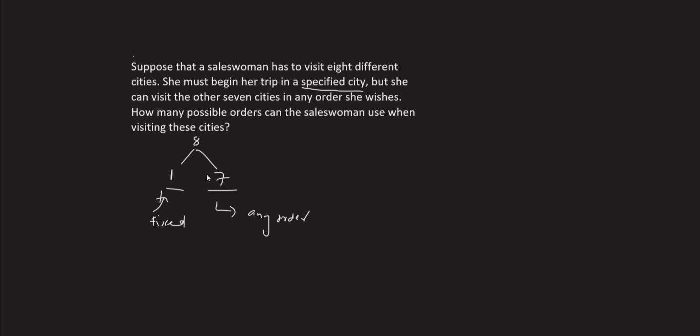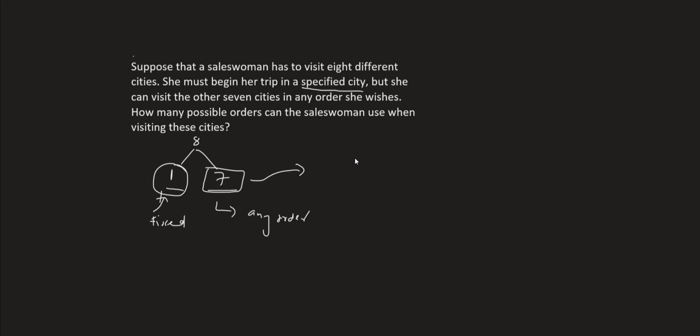Out of all these 8 cities, you cannot do anything about this one, but you can fix an order for the rest, and secondly, this is again an example where no repetition is allowed. Therefore, it's as if we are only focusing on these 7 cities.